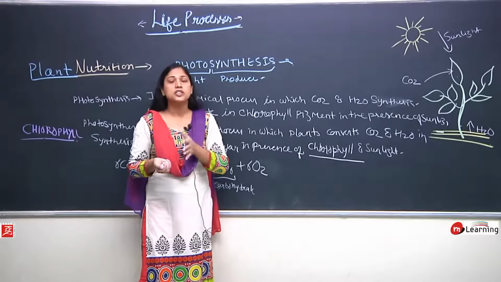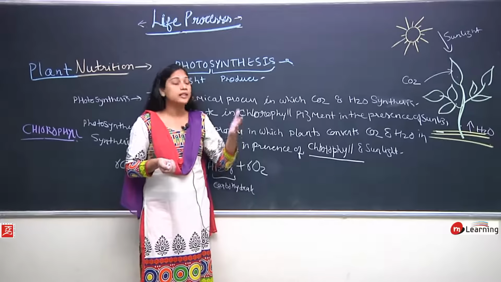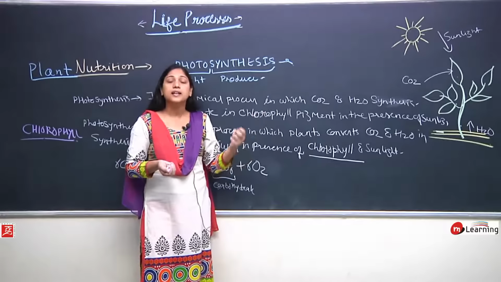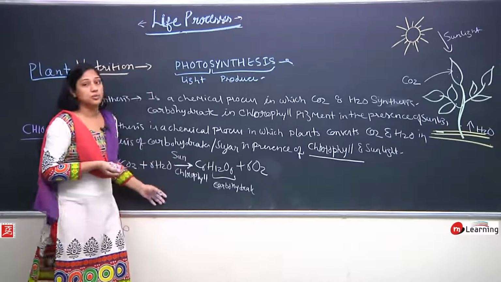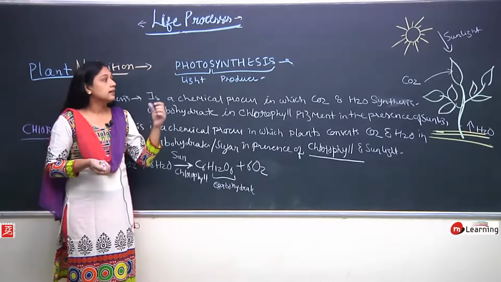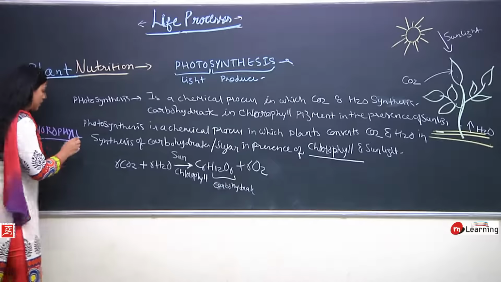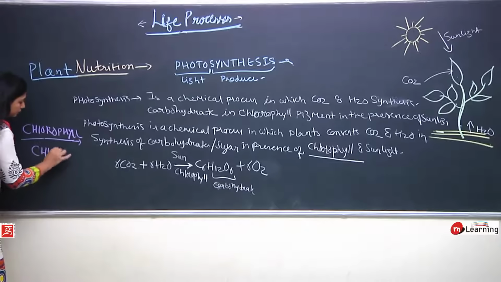Each and every cell of the green part of the plant has this chlorophyll pigment, and it resides in an organelle called chloroplast.